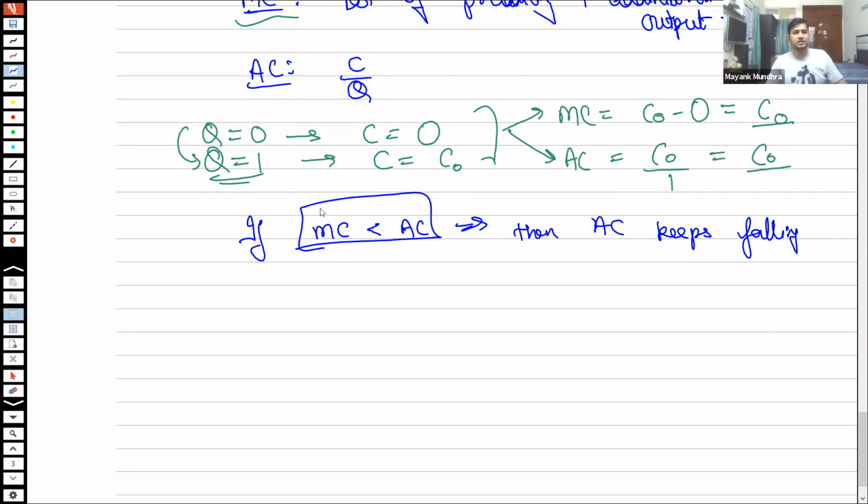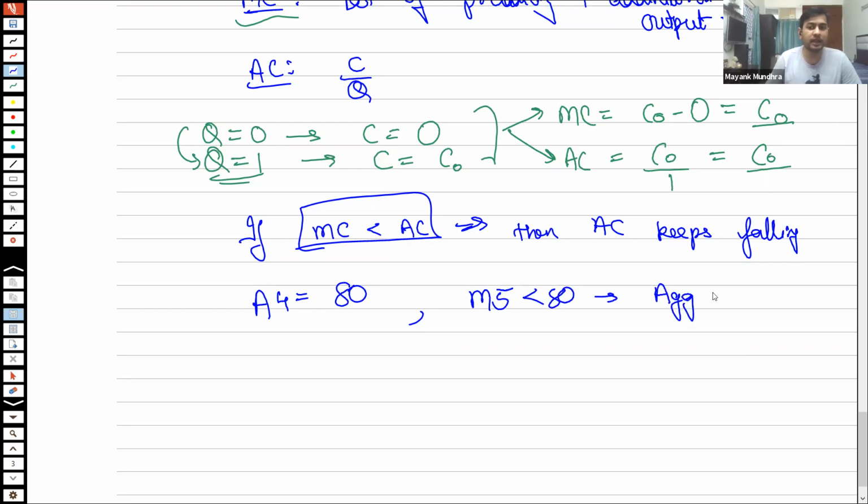So to understand this, imagine that you are waiting for your university results and you have obtained the result in 4 of the exams out of 5, and the average after 4 exams, A4, is let's say 80. Now, if marks in the 5th exam are less than 80, then your aggregate average will fall.